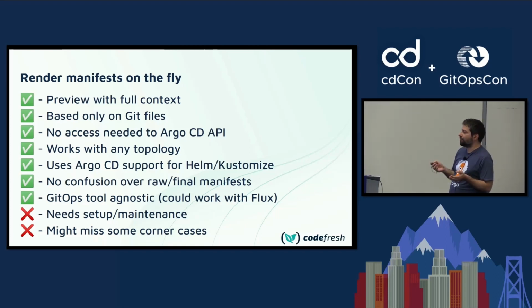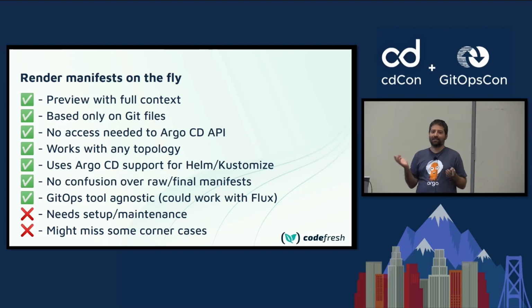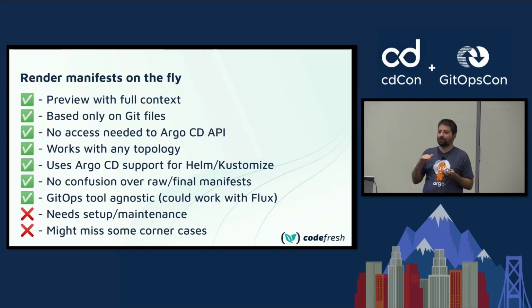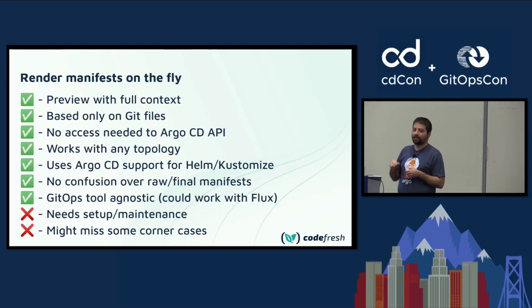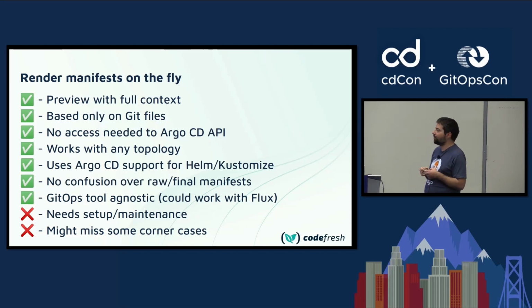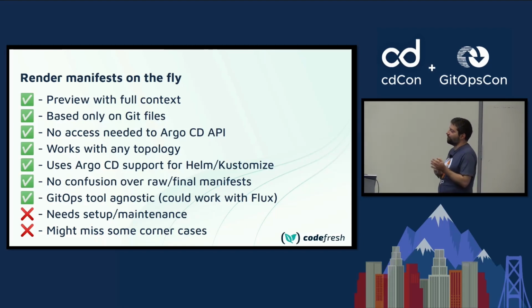There is no confusion over multiple Git repositories, and it also works for Flux. So all the previous solutions, maybe they were Argo CD specific. This is not, so even if you are using Flux, you can do the exact same thing and preview what is going to change. So if you move from a company that has Argo CD and go to a company that has Flux, you can do it.